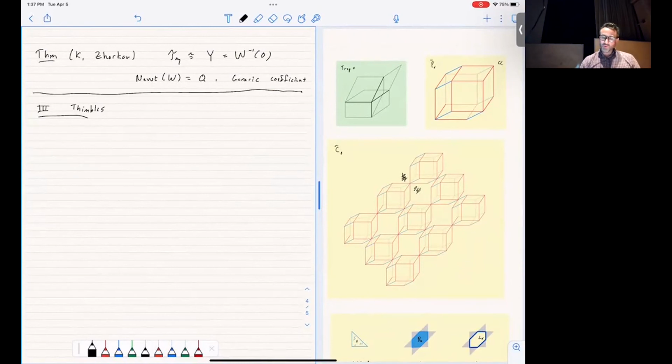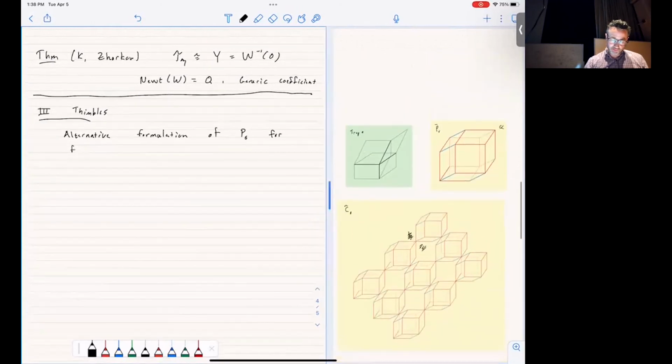But the more common way, especially of describing this zonotope that you see pictured here, is to describe it as a zonotope, and that works well when you're dealing with a vertex. So I'm going to talk for a moment about that other way of describing these polyhedra. So, an alternative formulation of P sigma for full dimensional sigma.